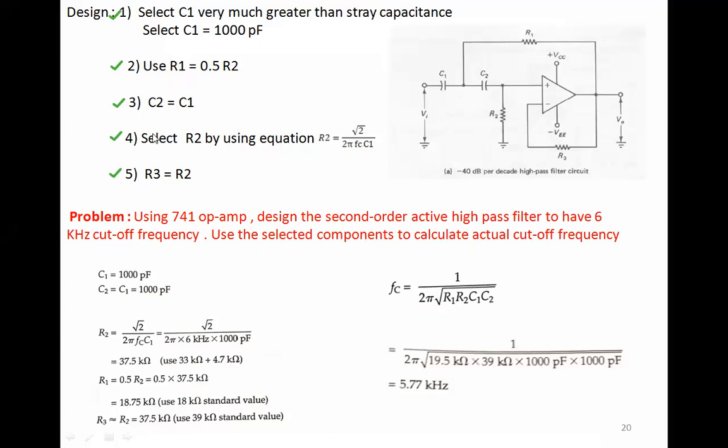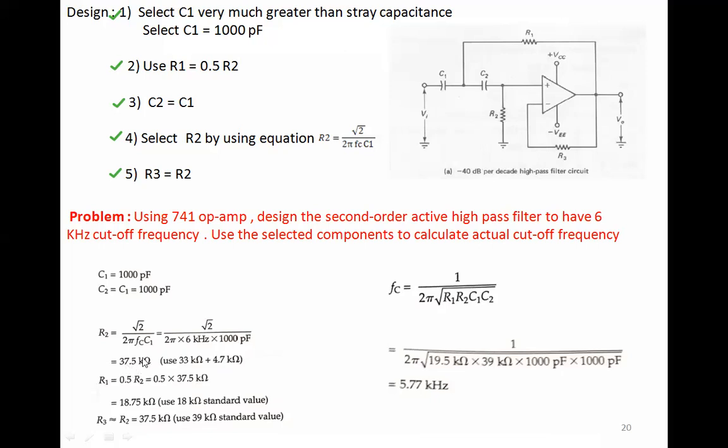Why is that? Because of this third design statement. 1000 picofarads. Then R2, we are having the formula √2 divided by 2 pi FC C1. So √2 divided by 2 pi, and FC is 6 kilohertz and C is 1000. So I'll be getting about 37.5.